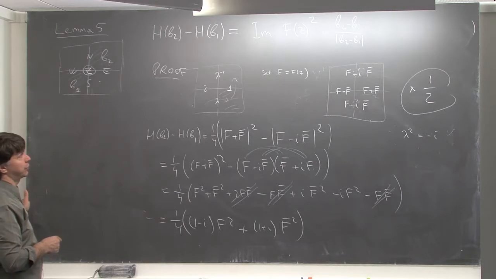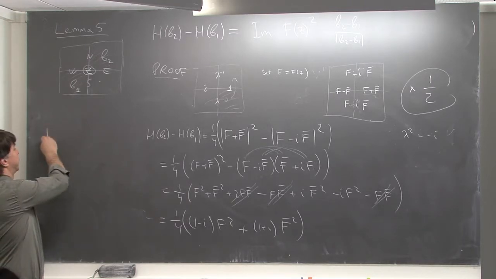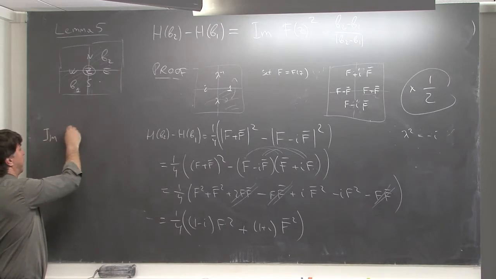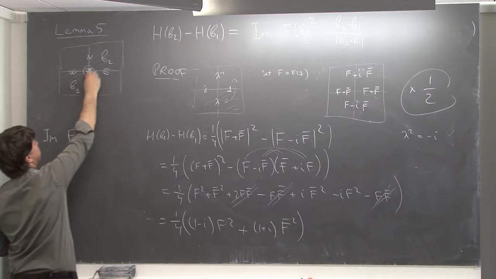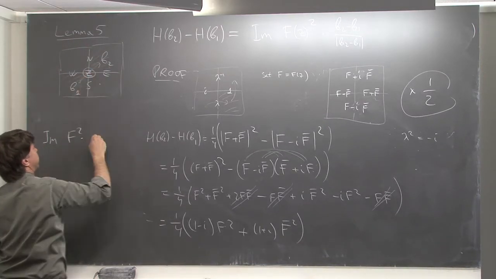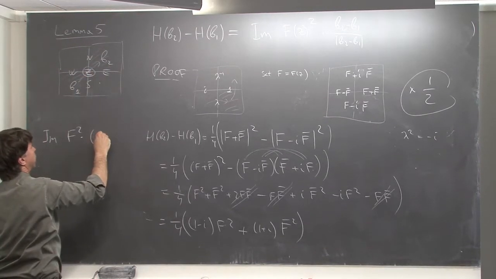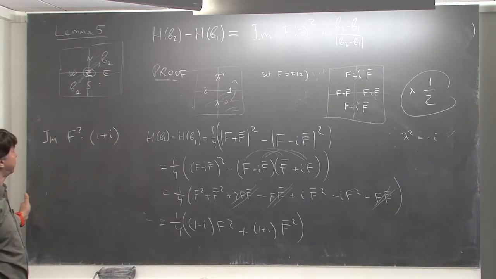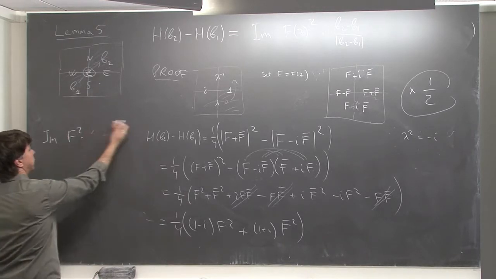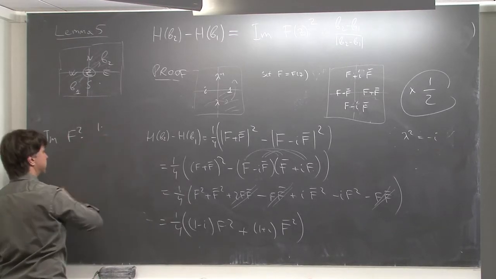On the other end, we're supposed to get the imaginary part of f squared times this vector, which in this case is 1 plus I. Strictly speaking, I have to divide it by its norm.